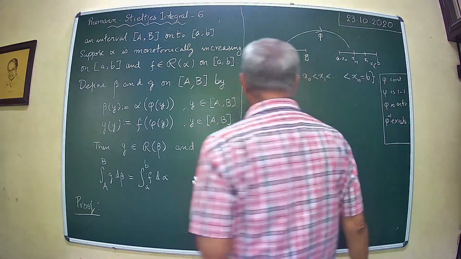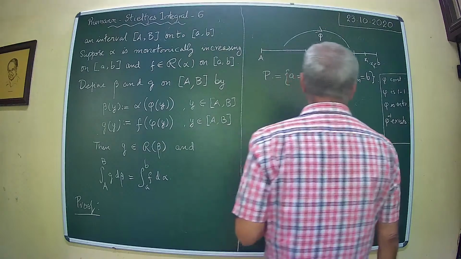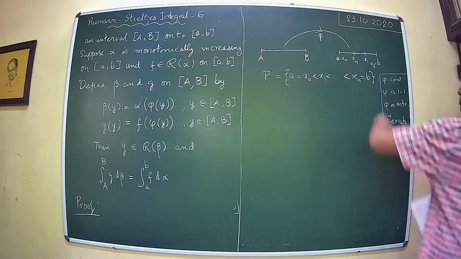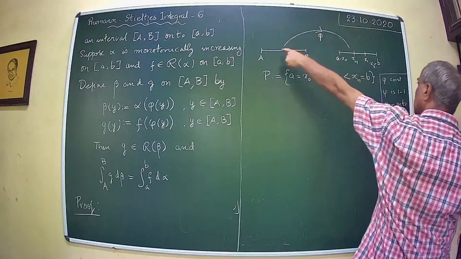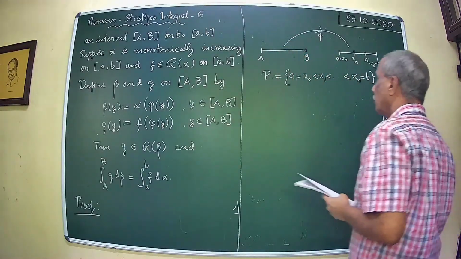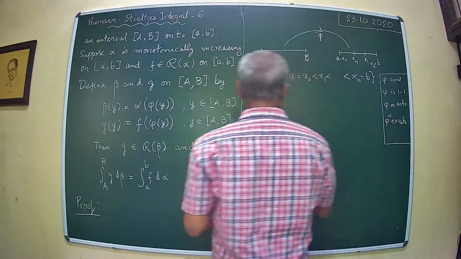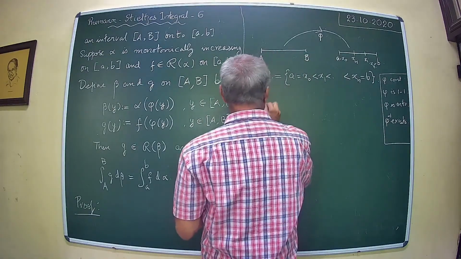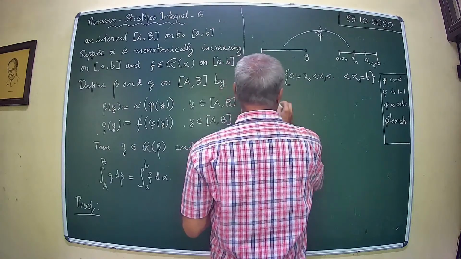So that's the partition. Now what happens? Each xi gets mapped by the inverse map. So there is a corresponding partition for the interval AB. So let me write that as something like, say, tilde.